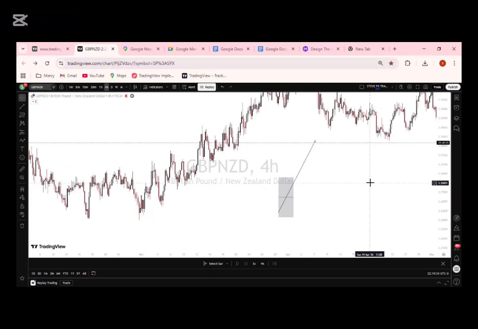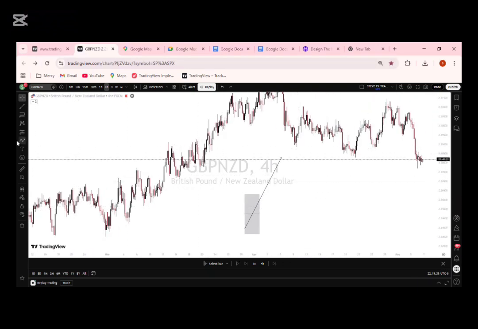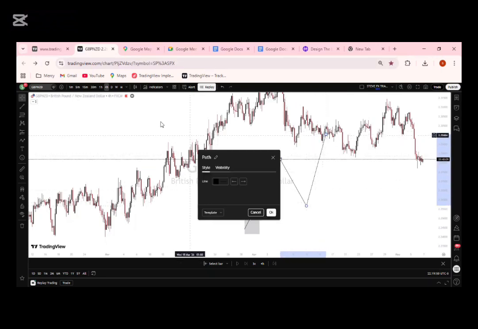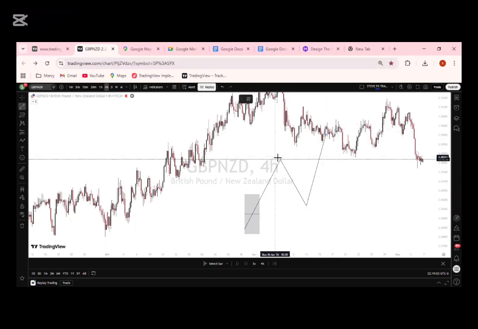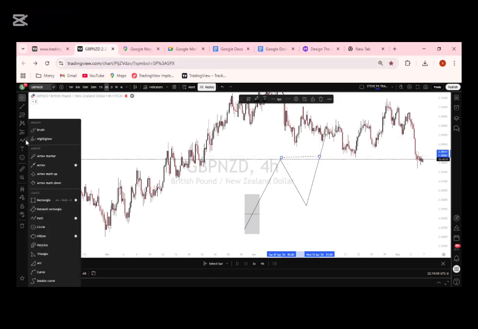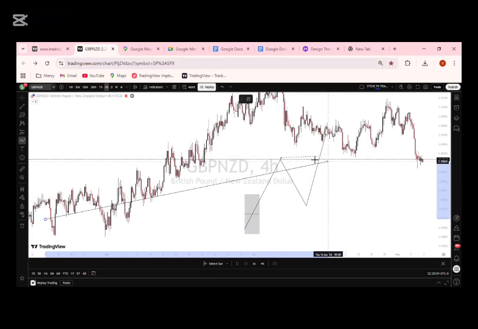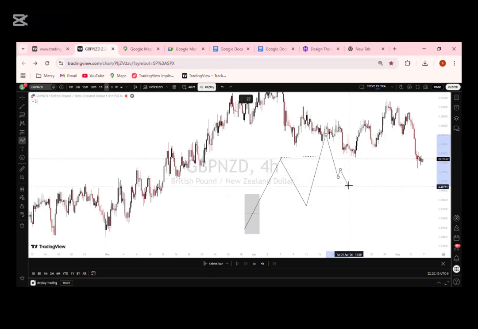But we stated that a valid order block must create what we call a break of structure. So we are going to be looking for an expansion, we look for the break of structure, and we also look for liquidity around the order block.